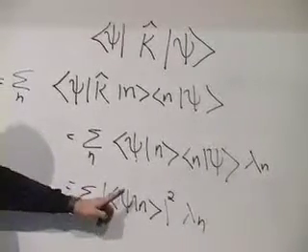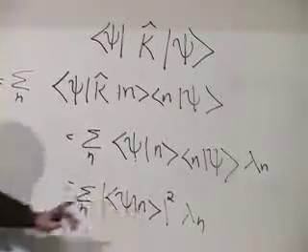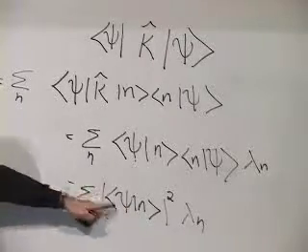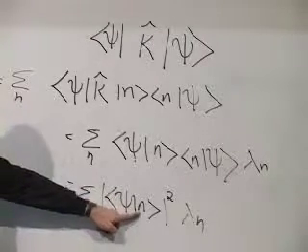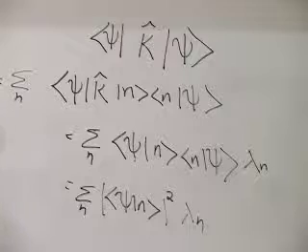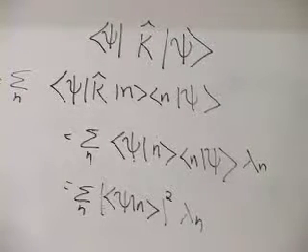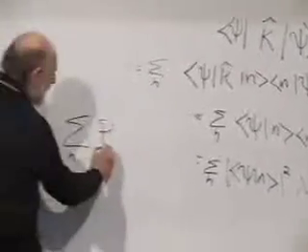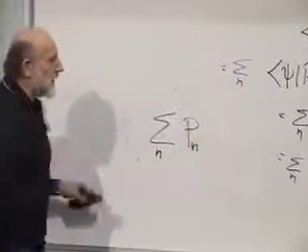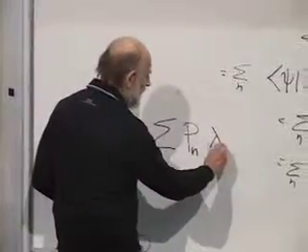The inner product of a state vector with a basis vector representing an observable k is the probability that the system has eigenvalue lambda n. So what this is, it's the sum on n of the probability that if you were to measure k, you would get the nth eigenvalue times the nth eigenvalue.